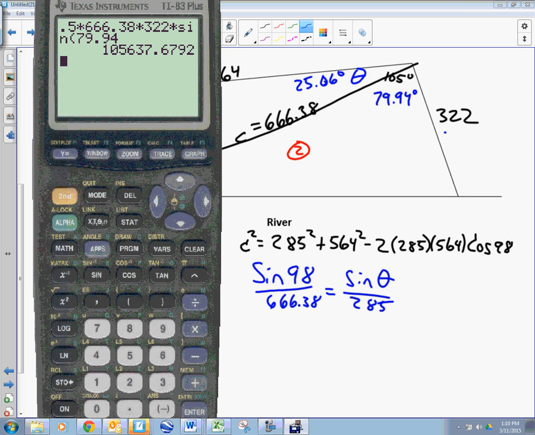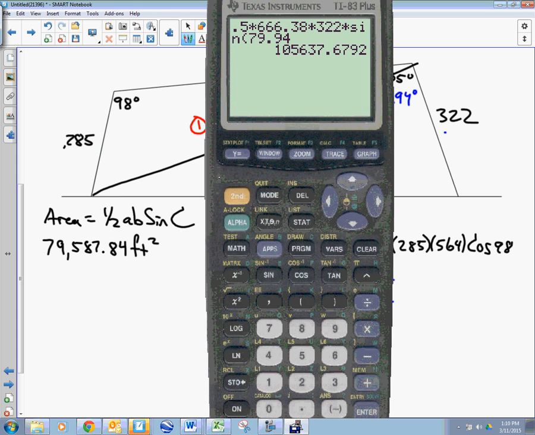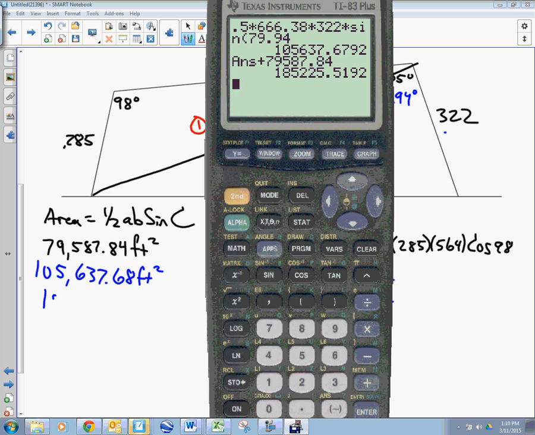Nope. 105,637. Add them together. That's it. Full area. It's like 4 acres.